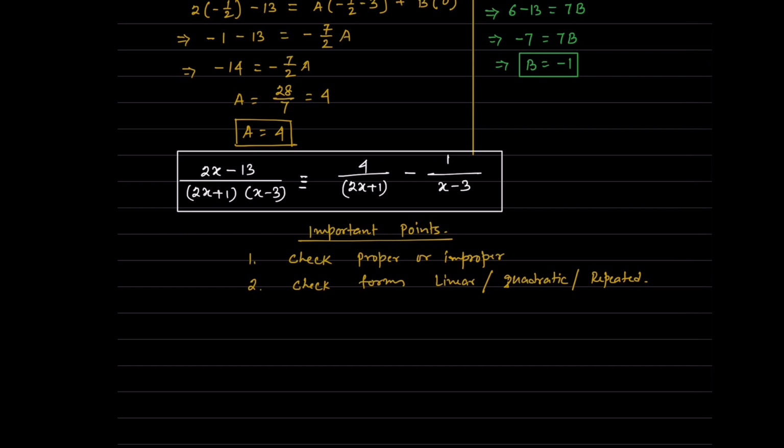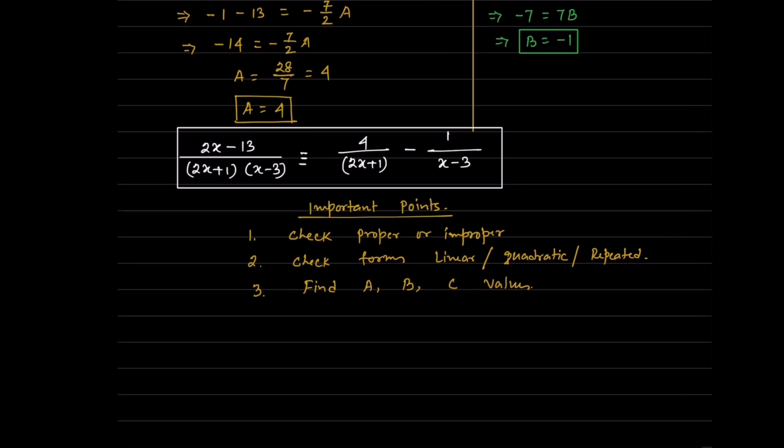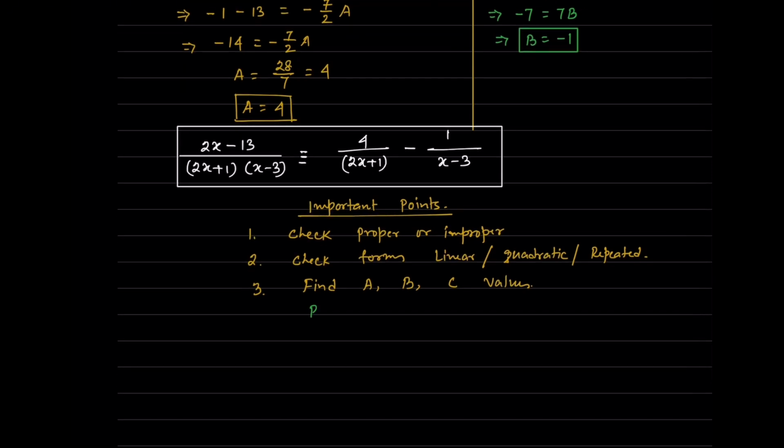Then according to that you write your formula and find A, B, C values. And how to do that? Just put 1 by 1 factor 0. Put 1 by 1 factor 0. You will get your A, B, C values. I hope you understand this one.